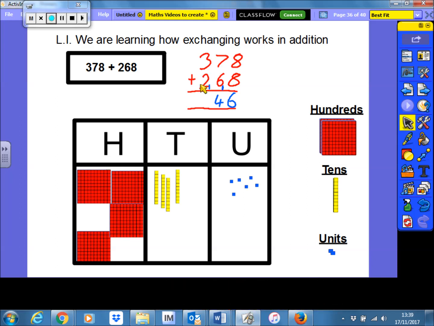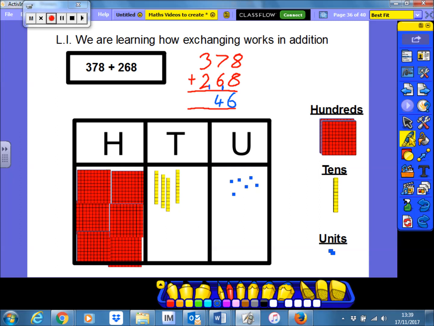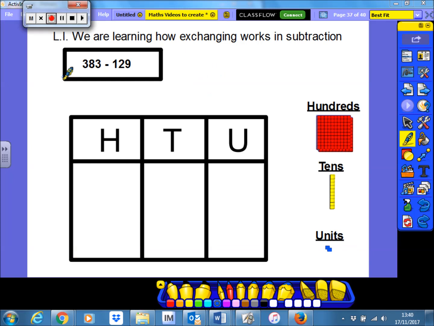Now, we need to add on our 2 other hundreds from the 200. 1, 2. So in total, we have added on 200s plus another 100. So we now have 600. 646.